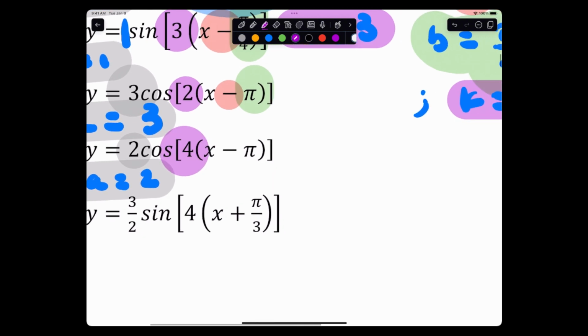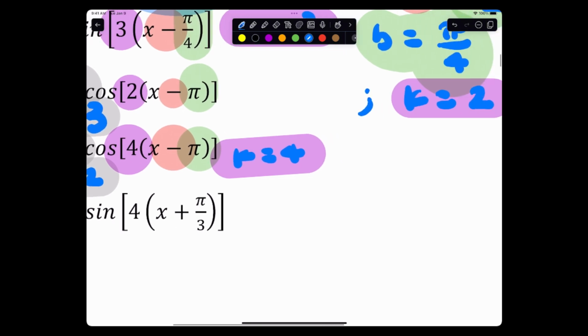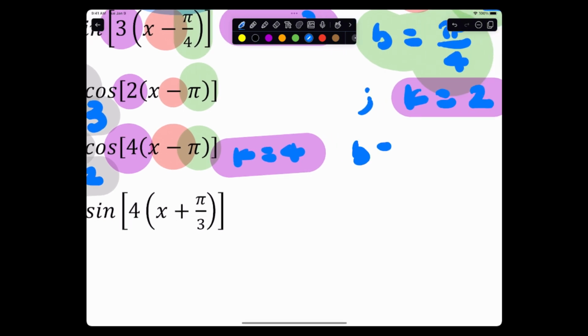Here's a K. K is what? 4. Okay. Now, what is our B value? Doesn't it come after the minus sign? What's the phase shift? Pi. Good. Is that positive pi? Yes.